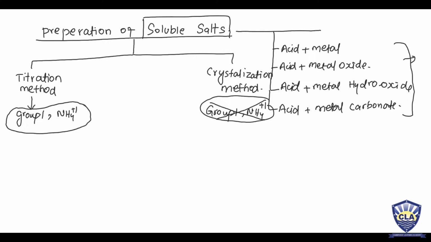Let's take an example, my dear. Let's suppose I'm going to write down two salts up here. The first one is sodium sulfate, Na2SO4, and the second one is copper sulfate, CuSO4. Now in the paper the periodic table is given. First we have to know the solubility of these two salts.